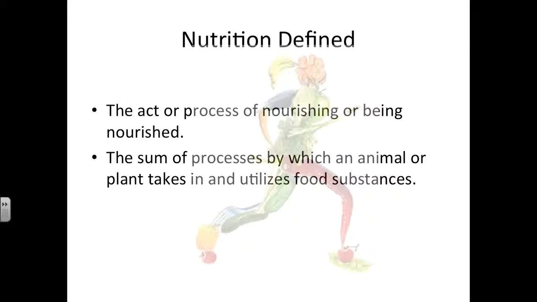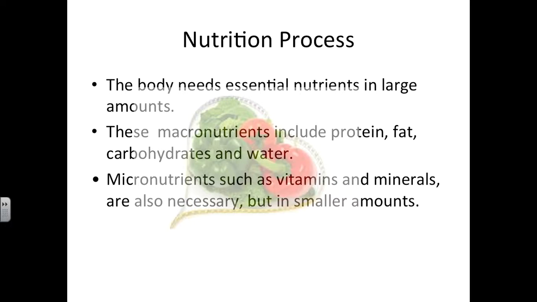Nutrition is defined by the Oxford Dictionary as the act or process of nourishing or being nourished. The sum of processes by which an animal or plant takes in and utilizes food substances. The nutrition process: the body needs essential nutrients in large amounts.